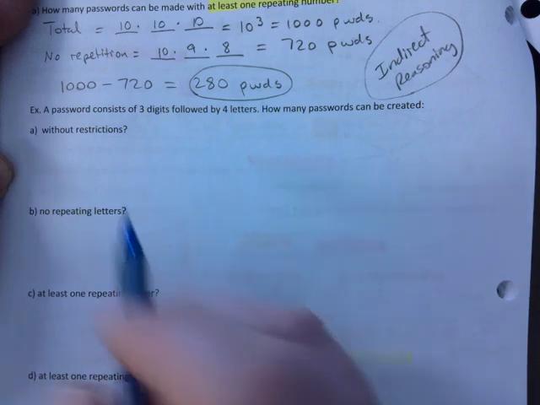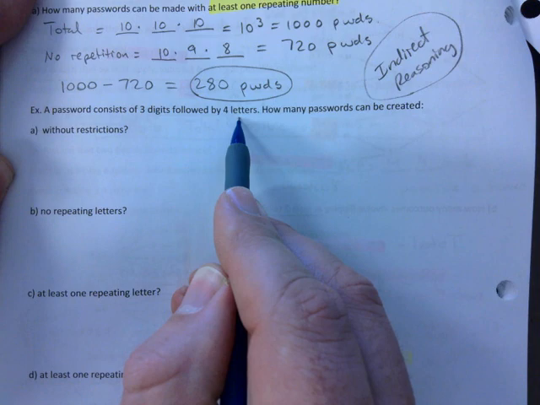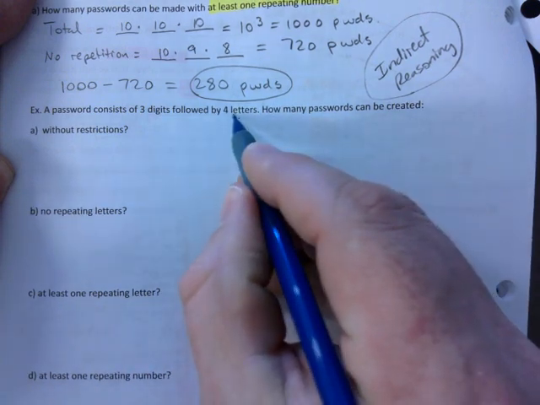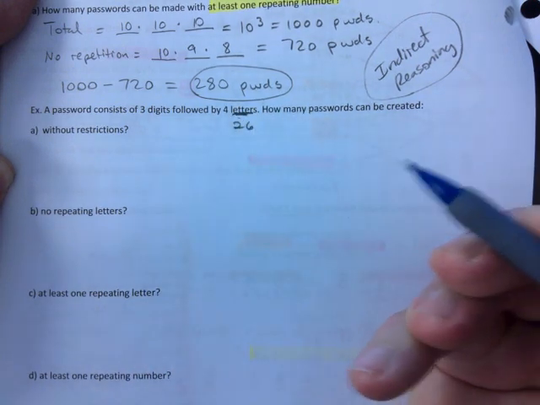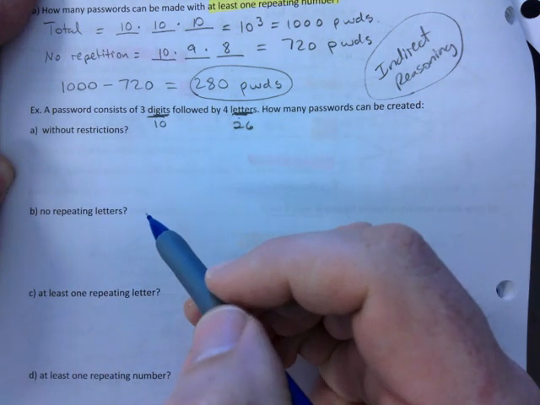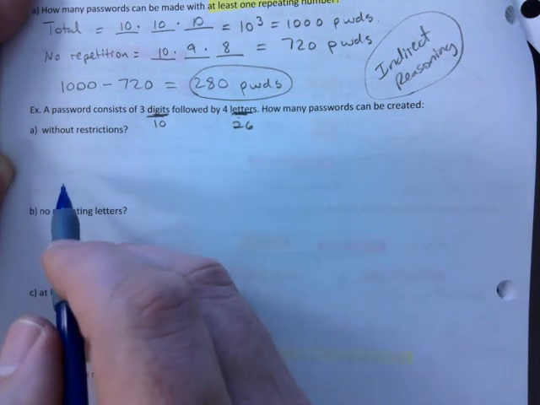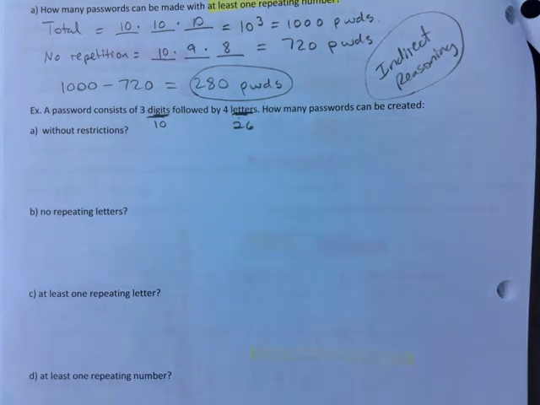Good work, guys. A password consists of 3 digits followed by 4 letters. How many passwords can be created? We're assuming we have 26 letters, and if it doesn't say otherwise, 10 digits. That's standard, but on a test I will tell you exactly what's at play.